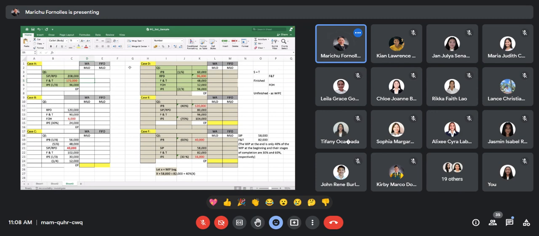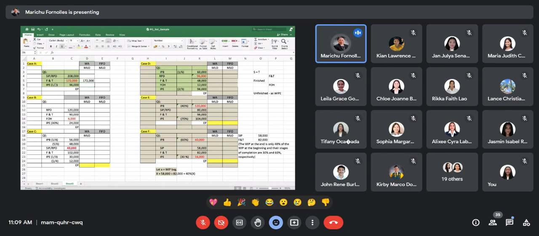172,000, miss. Correct. Since in your quantity schedule the finished units is 172,000, that is the one that will be multiplied by 100%. So 172,000 times 100% equals 172,000. Add your EP in IPE.